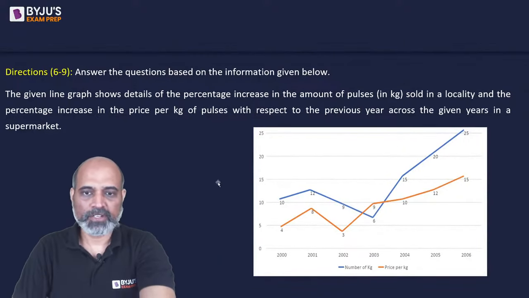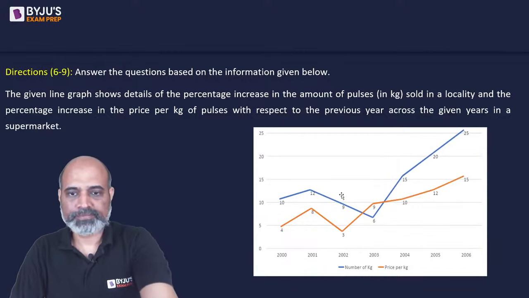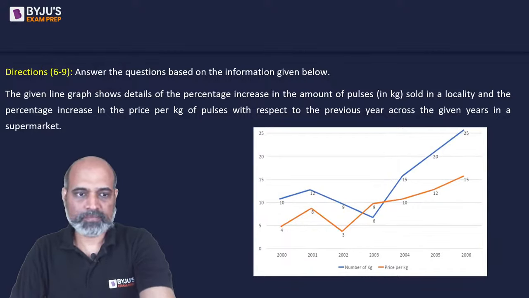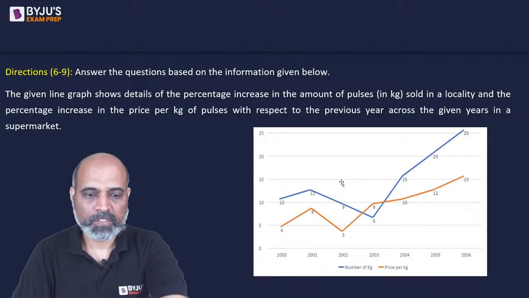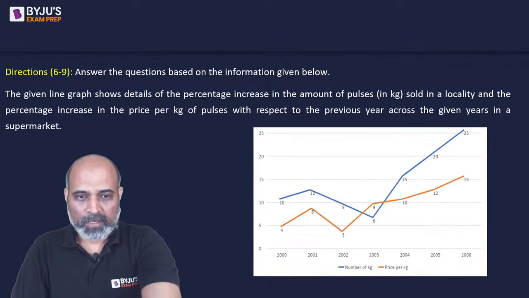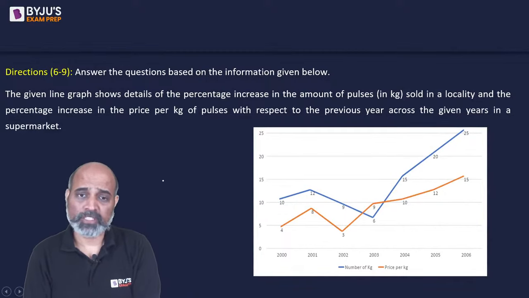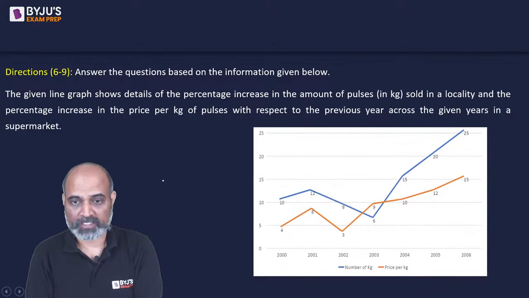Then only it is going to be better and make sense. Give me a moment. Yes, so the given line graph shows details of the percentage increase in the amount of pulses.